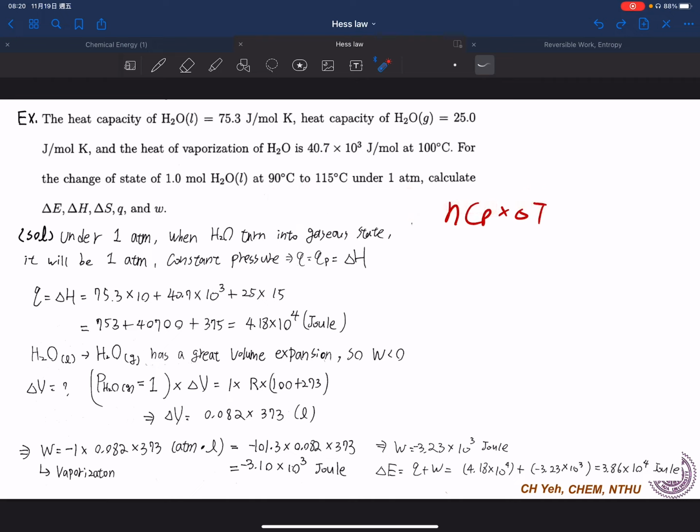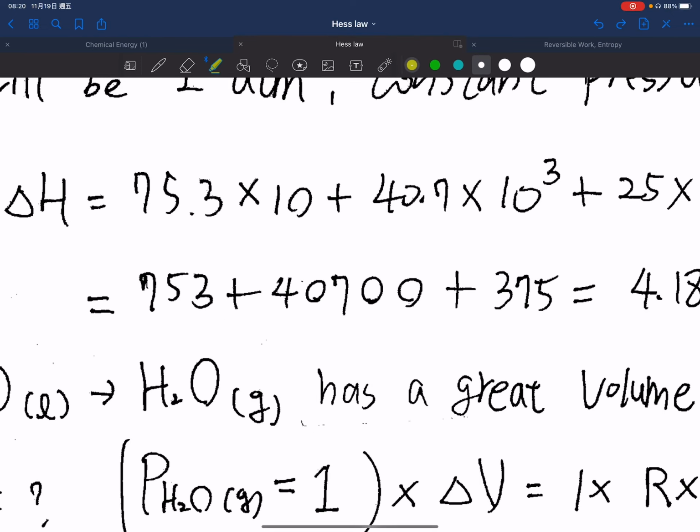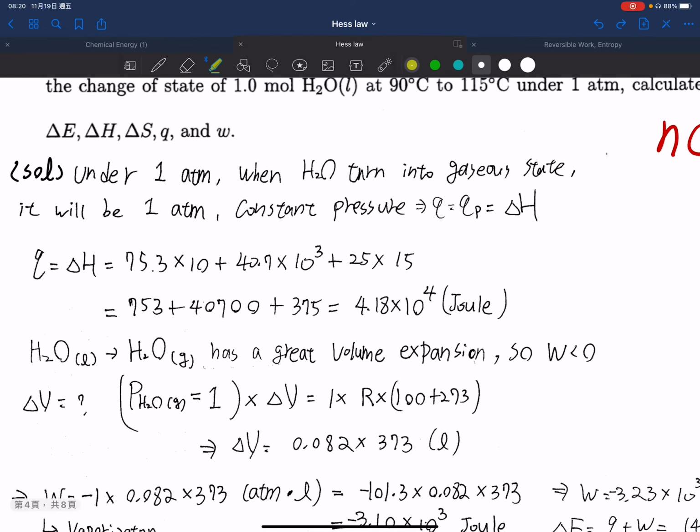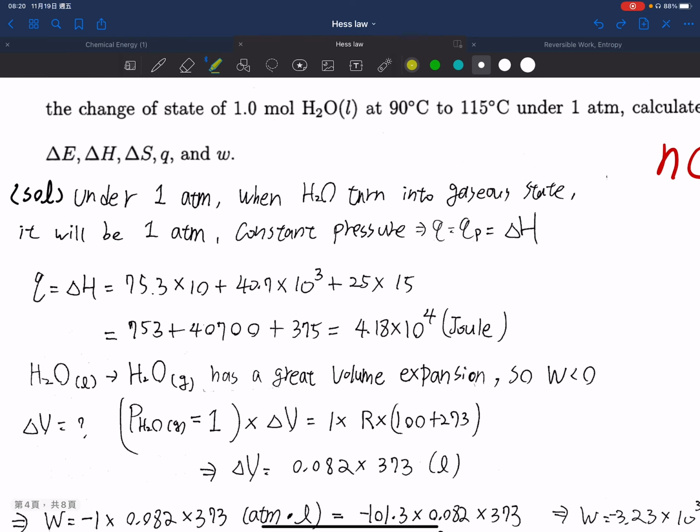And the third part is when you're increasing the temperature as a gas from 100 degrees to 115 degrees. So in this part we will have to calculate three sections of heat transformation. The first part is from 90 to 100.